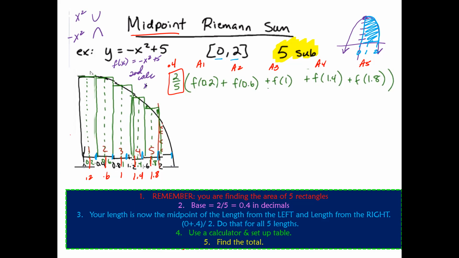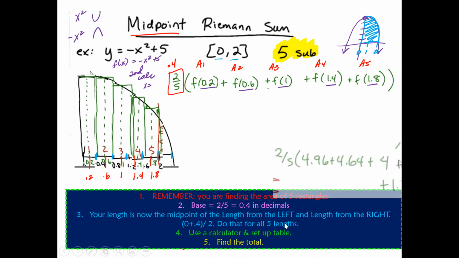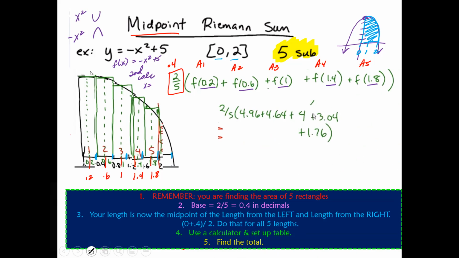And then when you do the second calc option, make sure you put the values 0.2, 0.6, 1, 1.4, and also 1.8 to determine the heights of your midpoint Riemann sum. So when you do that, the height of the first rectangle is going to be 4.96. Second rectangle is 4.64. Third rectangle is 4. Fourth rectangle, the height is 3.04. And the fifth one is 1.76.